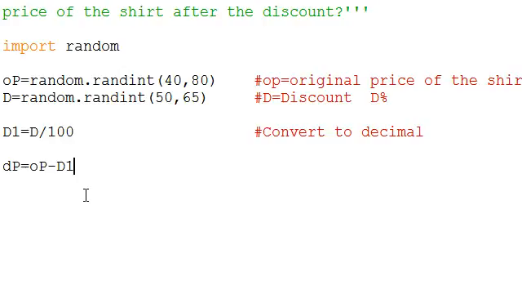So D1 times the original price, right? Does it make sense? Like 65% of the original price, but we want to subtract that off of the original price. There's another way of rewriting this, but we're just going to leave it as that right now.